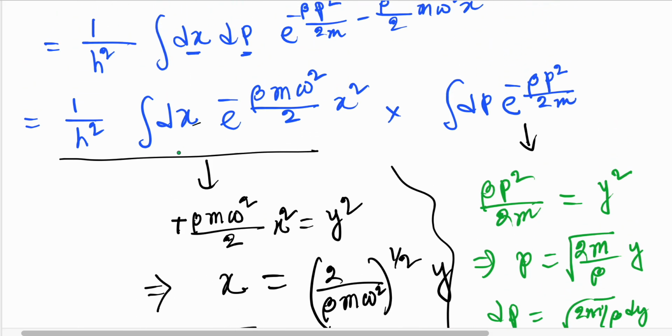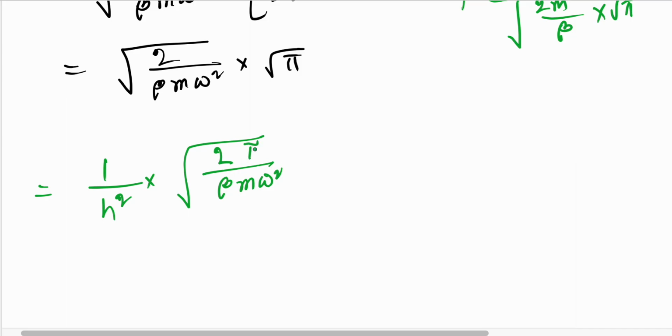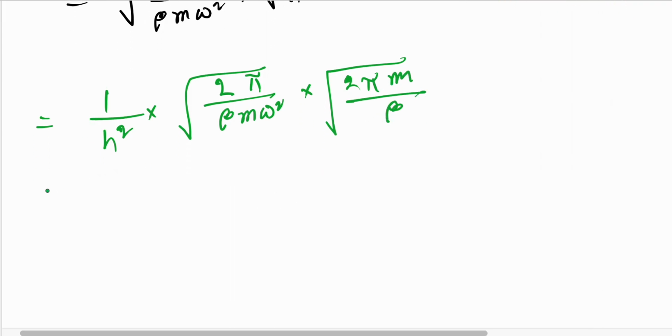So if we write the total, it looks like 1 by h into root over of 2 pi by beta m omega square into 2 pi m by beta.